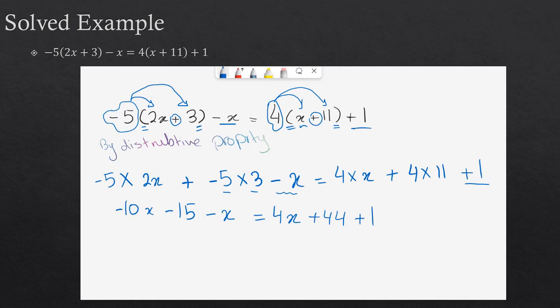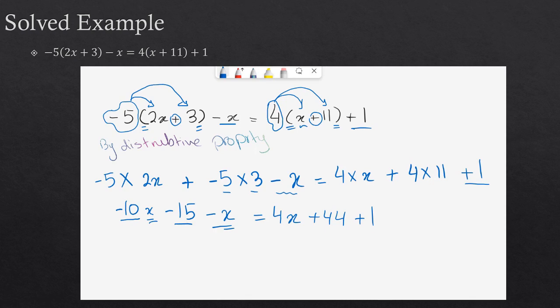Then we will search for the like terms in each side, okay. We have minus 10x, so this term includes the variable x. We have minus 15, and we have minus x, which is a term that includes x.